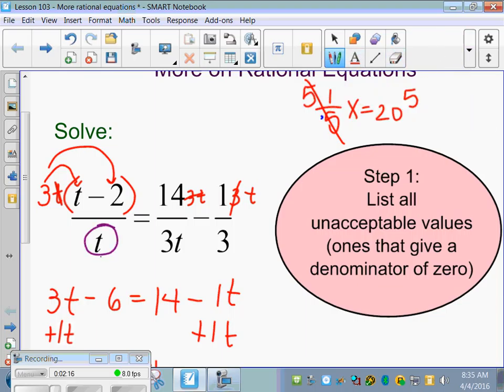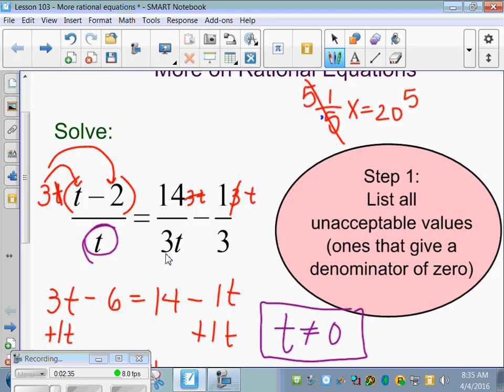So right here, I just have a t. That means if I were to plug in 0 right here, I would get 0 in the denominator, right? So we have to say that t cannot equal 0 because it would be undefined at that place.